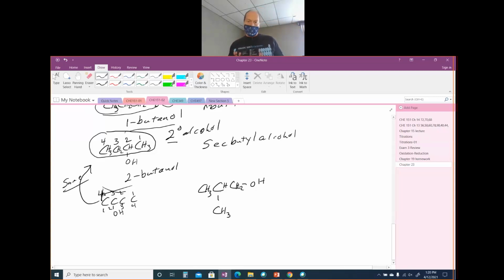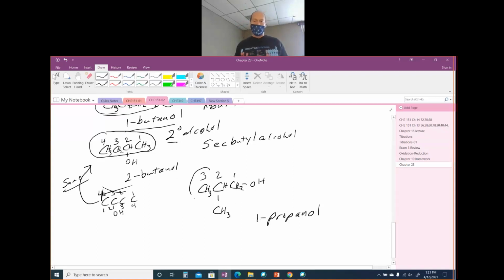All right, so then my lowest number has to be on the OH. So 1, 2, 3 is my longest carbon chain. So that is a propane. I know it's an alcohol, so I'm dropping the E and adding OL. This is propanol. And the lowest number that the OH is attached to is a 1. This is 1-propanol.